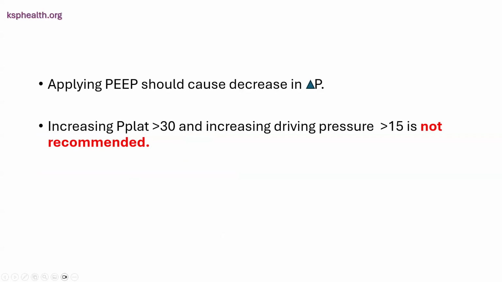As you increase the PEEP, the driving pressure should decrease because as you open up the collapsed alveoli, the driving pressure should come down. On the other hand, when you titrate up the PEEP, if the plateau pressure goes up or driving pressure is up, that means the alveoli is already over distended. So going further up on the PEEP is not helpful for the patient.